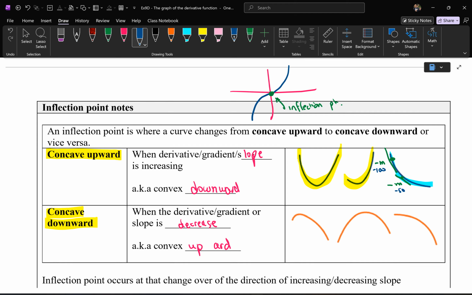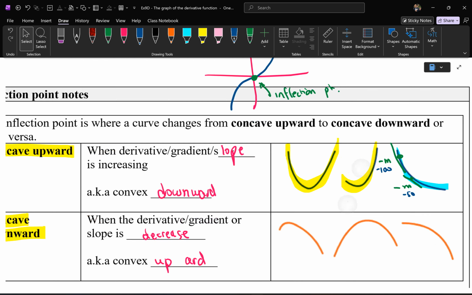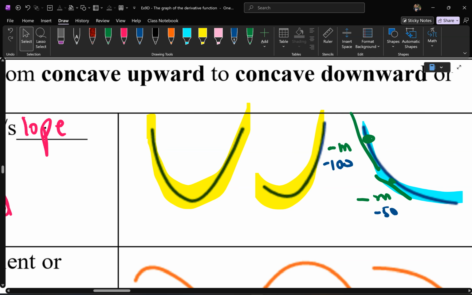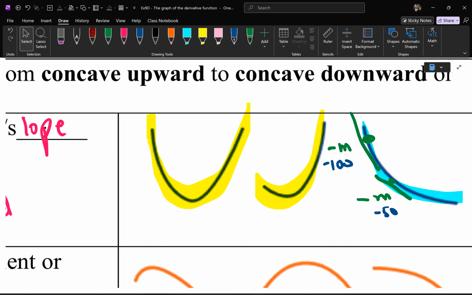Because the gradient's increasing, if you think about the number line, I'm going from negative 100 to negative 50 to 0 to positive. If you're increasing the gradient, it's called concave upwards. That's why all of these are concave upwards. It goes from negative to 0 to positive, from very steep negative to less steep negative. It's increasing in gradient, the value.